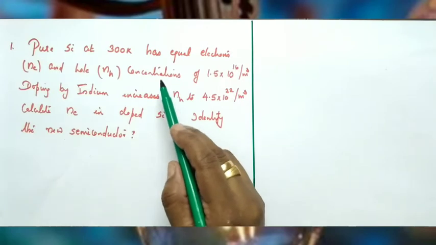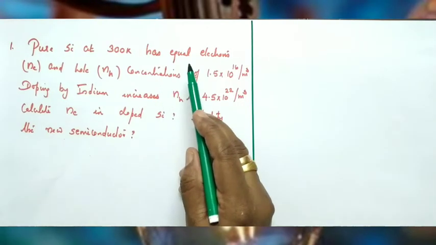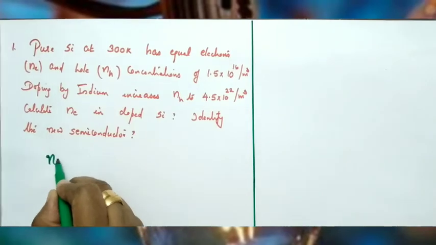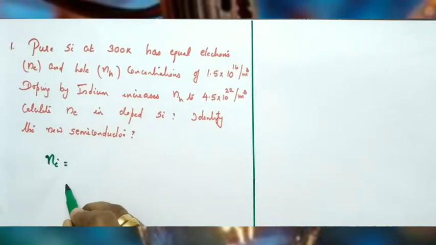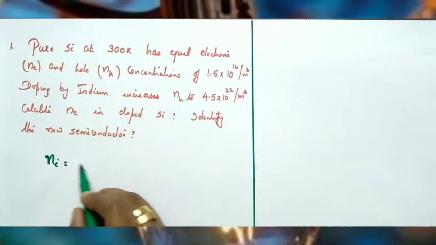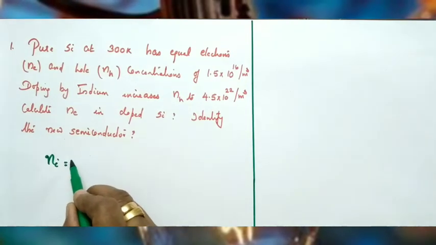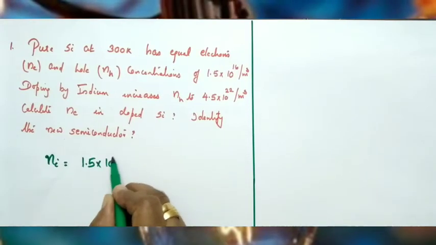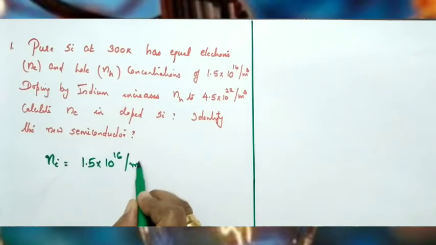Okay, so here pure silicon has equal electron and hole concentration. Pure silicon means an intrinsic semiconductor. For an intrinsic semiconductor, the number of electrons is equal to the number of holes equal to Ni. What is Ni given? 1.5 into 10 raised to 16 per meter cube.